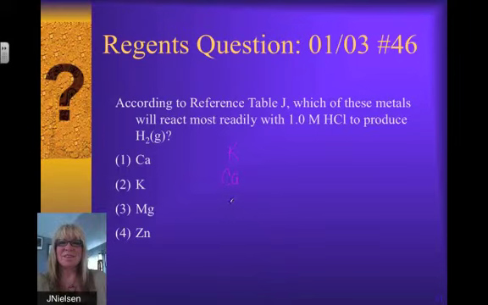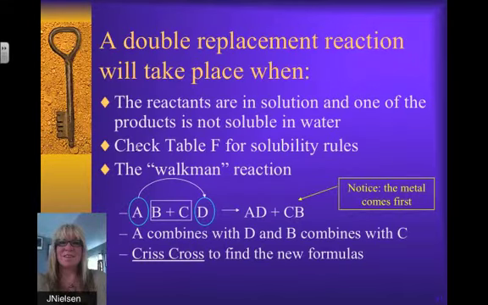Underneath that you have Mg, and then Zn. So because this is the highest, it's the most reactive, so that's our answer. All of those would react with the acid in a single replacement reaction, but they're asking for one. Which one reacts the best?